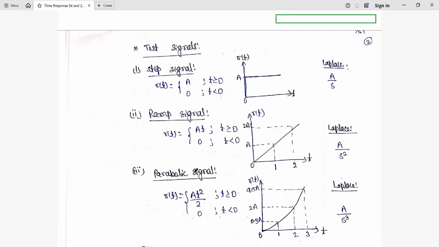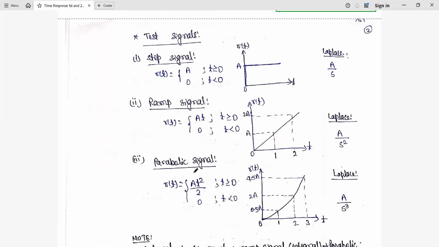Different test signals are used to obtain the response in the time domain. The first one is the step signal. A step signal can be defined as r of t equal to A for t greater than or equal to 0. Here you see that our function is A at t equal to 0 as well as when it goes further, and for t less than 0, its value is 0.